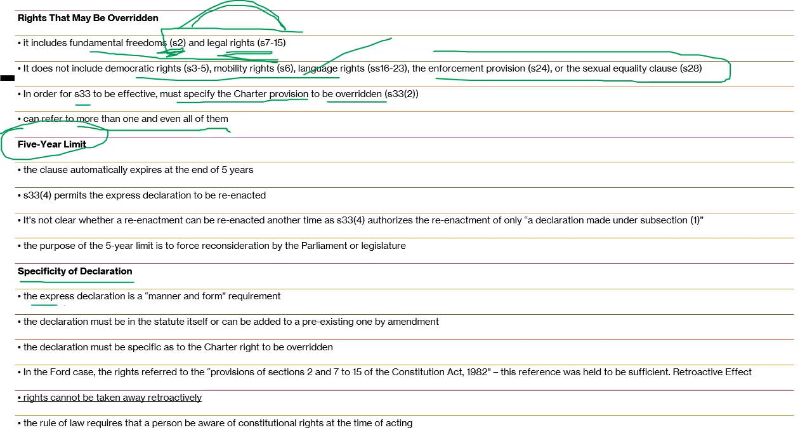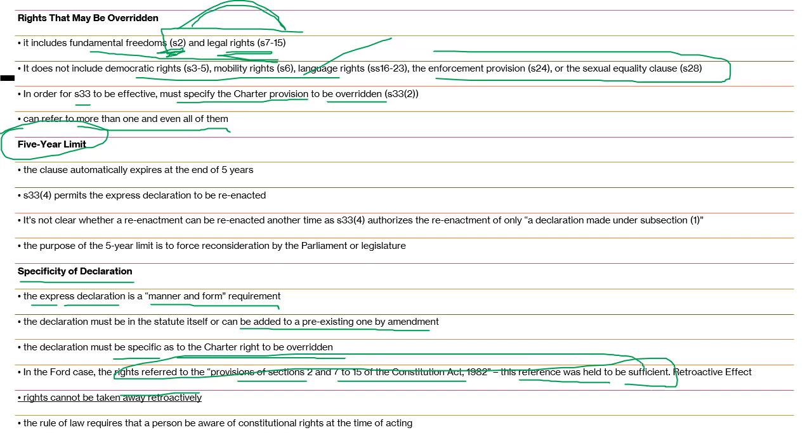What does this mean? Express declaration, manner and form requirement. The declaration must be in the statute itself, or can be added to a pre-existing one by amendment. The declaration must be specific as to the Charter right to be overridden, that is, which Charter right you are overriding. In the Ford case, the rights were referred to as the provisions of section 2 and 7 to 15, and this reference was held to be sufficient. So specifically this line was mentioned in the Quebec one.